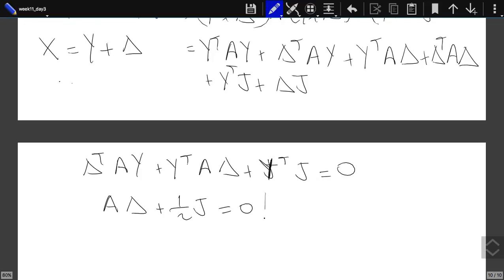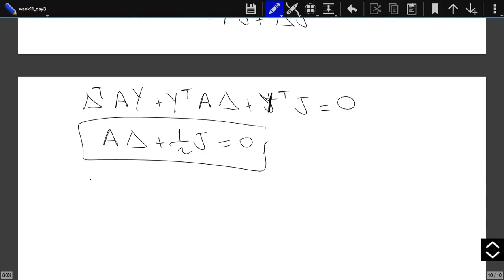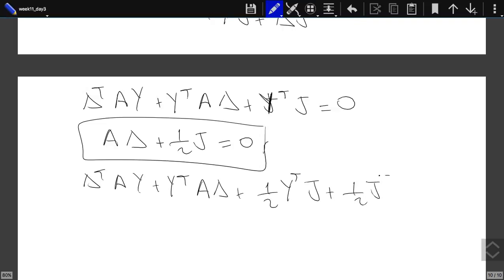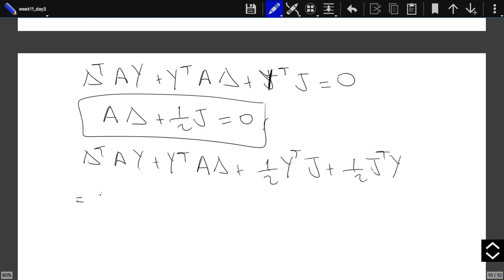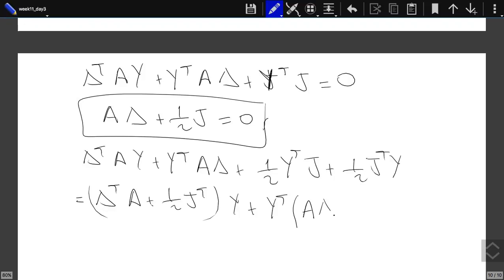Or to see it more clearly, the first line is delta transpose A y plus y transpose A delta plus 1 over 2 y transpose J plus 1 over 2 J transpose y. This is equal to delta transpose A plus 1 over 2 J transpose times y plus y transpose times A delta plus 1 over 2 J. This should be equal to 0.